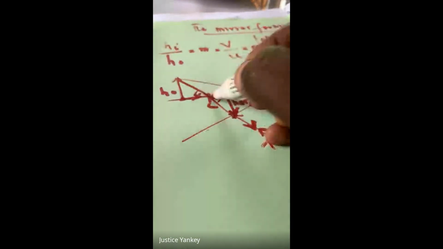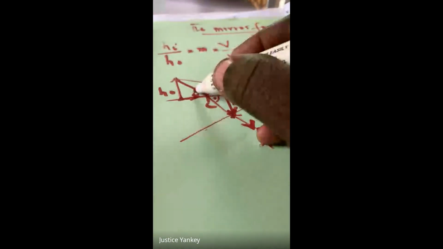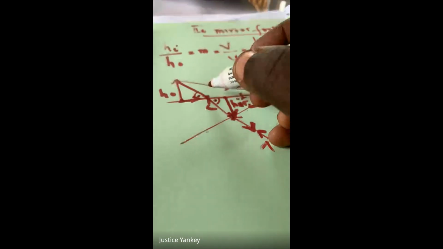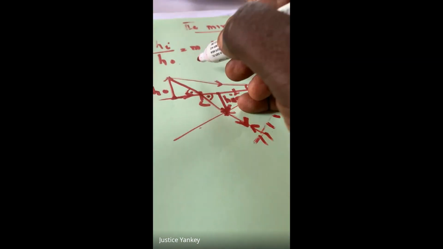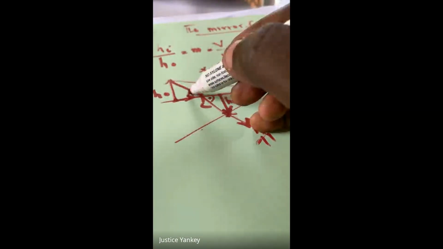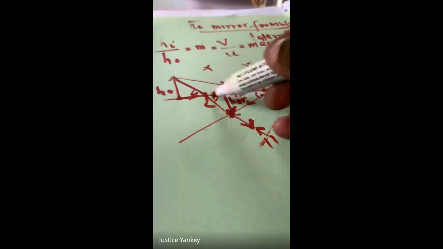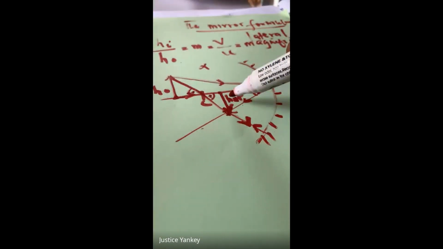You see that they are equal. They are opposite angles, so they are equal. Let me call these two equal angles alpha.